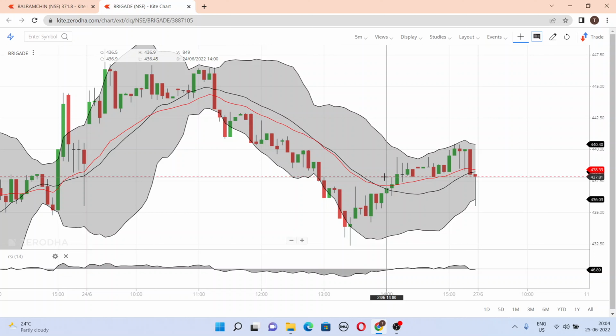But this is something which can be very interesting, and can give very decent returns for intraday traders with this kind of setup. The setup is fairly simple, as I mentioned in the beginning, and most of these indicators, whether it's Bollinger Bands or RSI or the EMA, should be available with all the broker terminals. So applying the indicator shouldn't be a big deal at all.